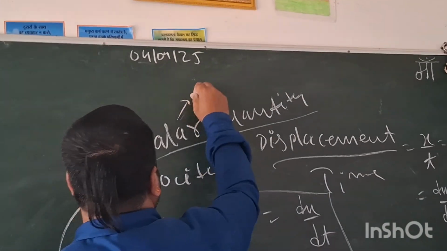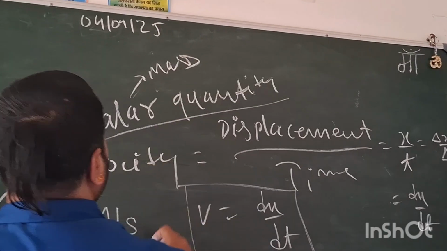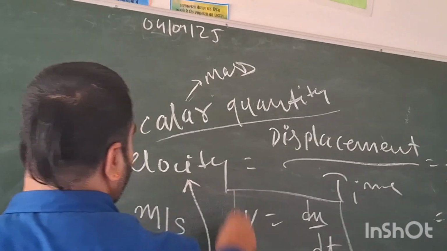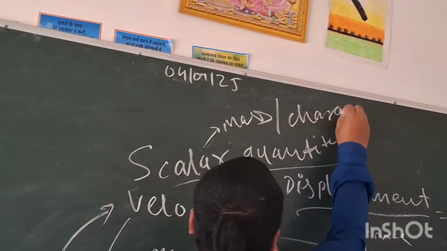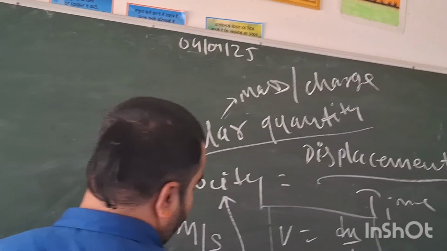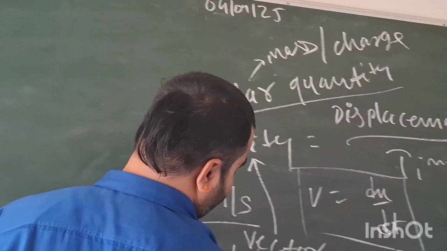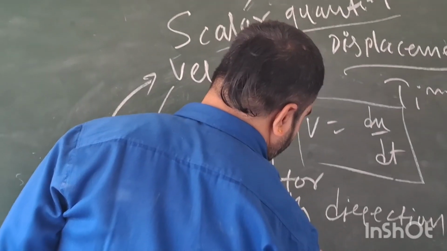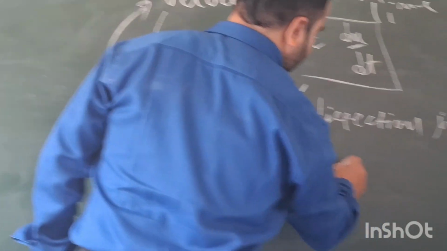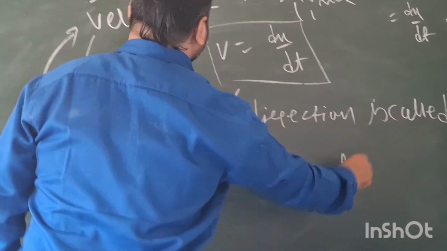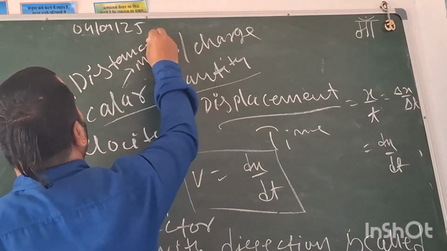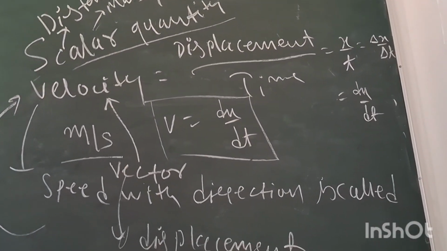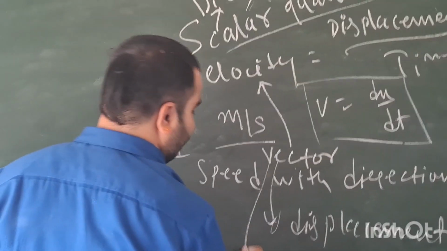Scalar quantity जैसे mass और vector quantity जैसे velocity. जैसे charge scalar quantity, और vector quantity जैसे displacement. Displacement is a vector quantity. Distance is a scalar quantity. Understood? Acceleration is a vector quantity.